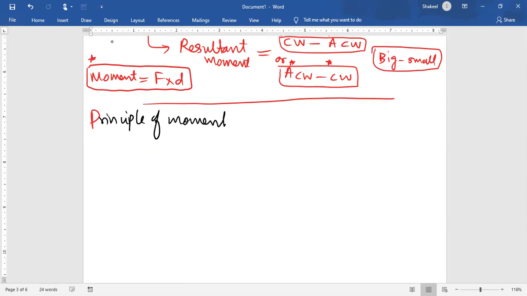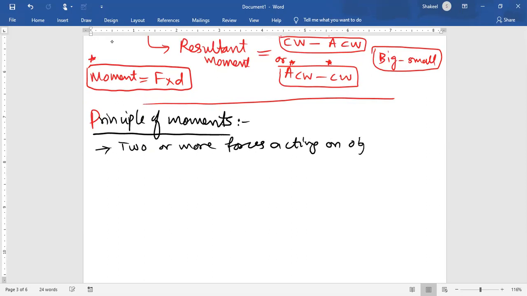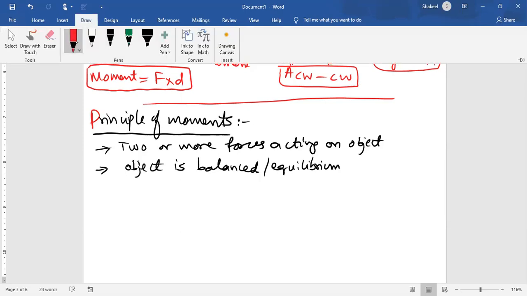Okay, now let's look at our main topic, which is the principle of moments. The principle of moments is applied when two or more forces are acting on an object. The first thing is two or more forces acting on the object. The next thing is that the object is balanced, or in equilibrium. Then you will apply this principle of moments.